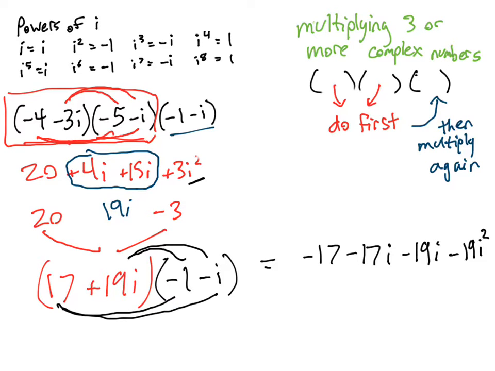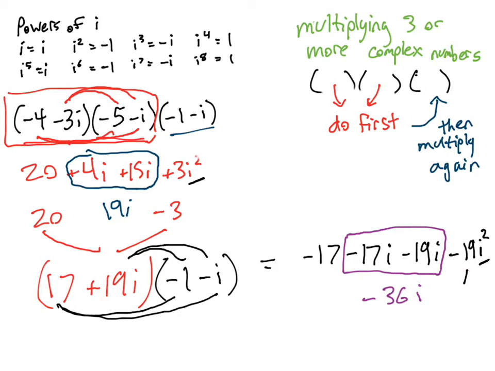We want to combine together the like terms of i. -17 minus 19 is going to give us -36i. Now we can also rewrite i squared as -1.